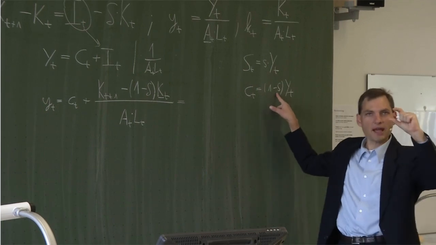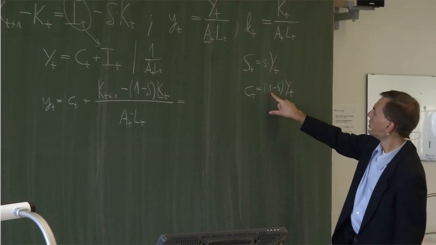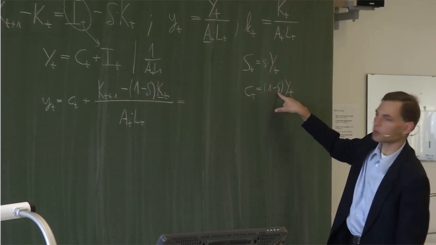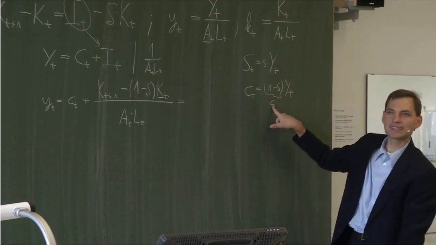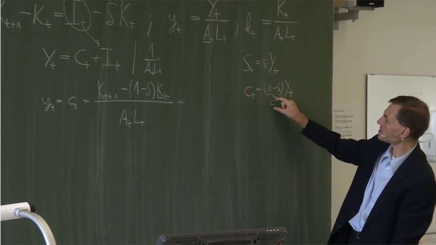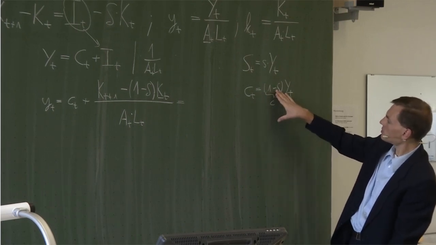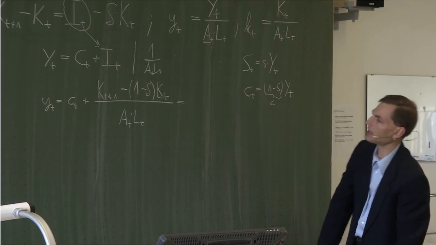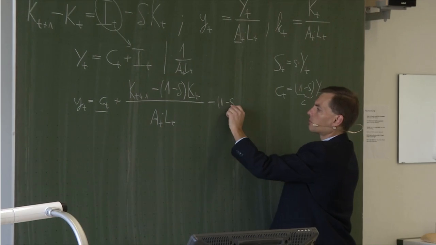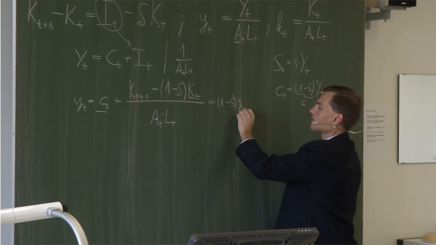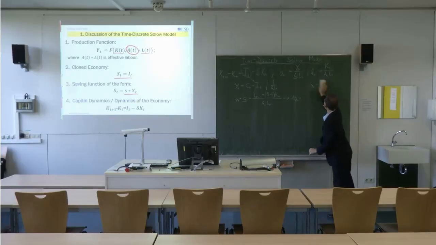Because the propensity to save plus the propensity to consume adds up to 1. So if we subtract 1 minus the propensity to save, you can say this is the propensity to consume, the little c. And then we have a consumption function, which is c times income. So for consumption, in other words, I can substitute 1 minus s times per capita income, which is the first part. So that is 1 minus the propensity to save times income. Plus, now I erase this here.